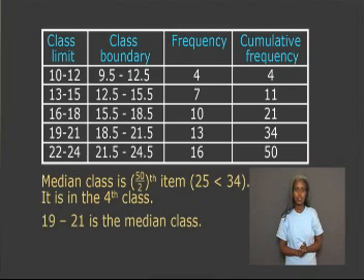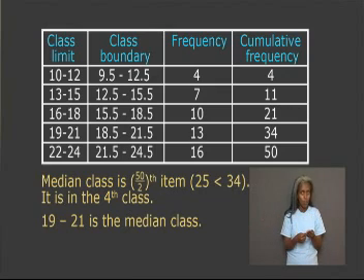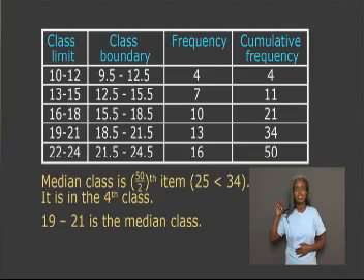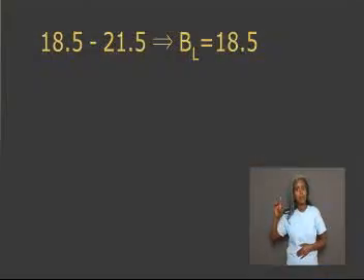The range of the 4th class is 19 to 21. Therefore, 19 to 21 is the median class. We have done well to get this far, students. Now, let us follow the 3rd and final step to find the median value.